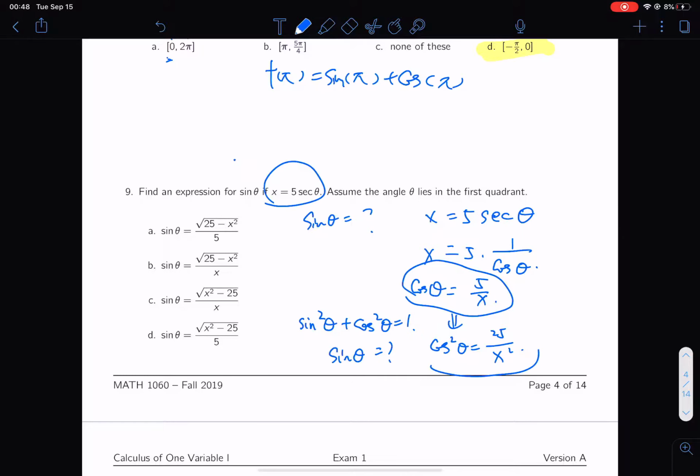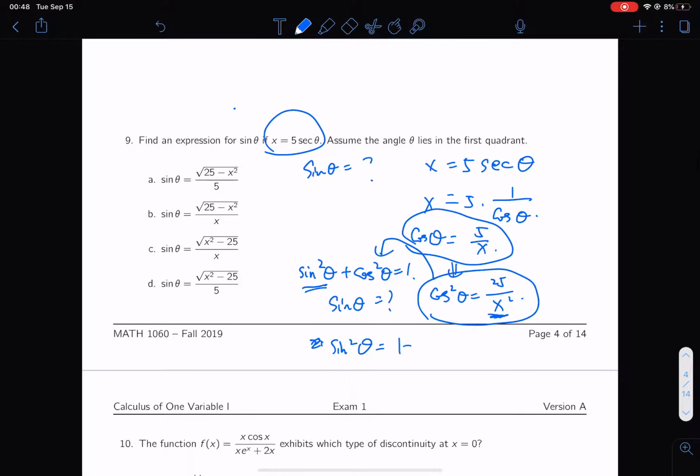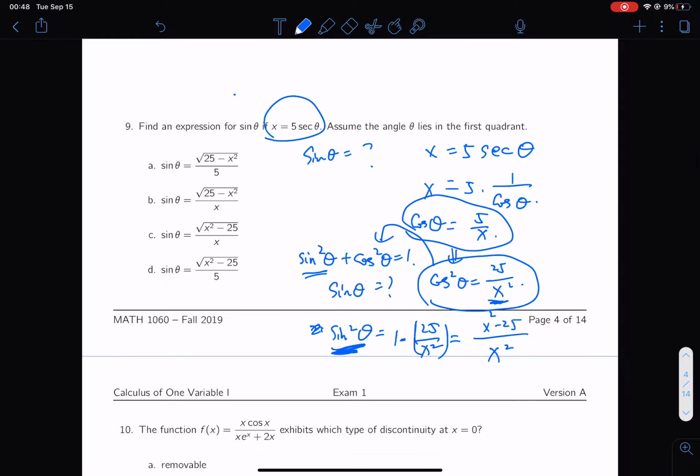So sine squared of theta is 1 minus this, which is (x squared minus 25) over x squared. That is sine squared theta, and so sine theta is just the square root of that, which is C.